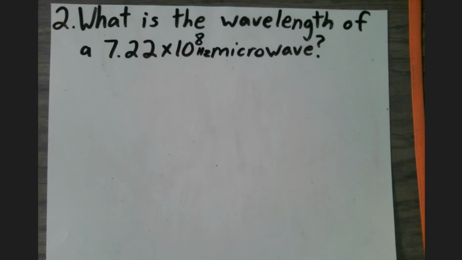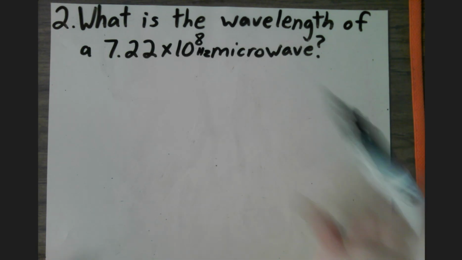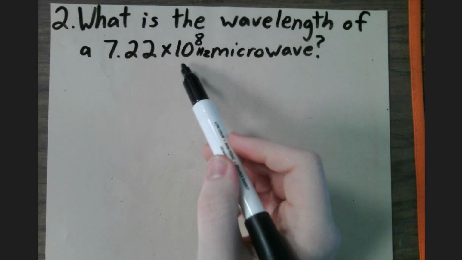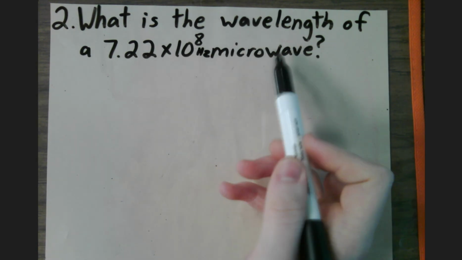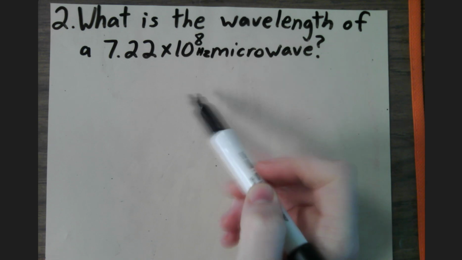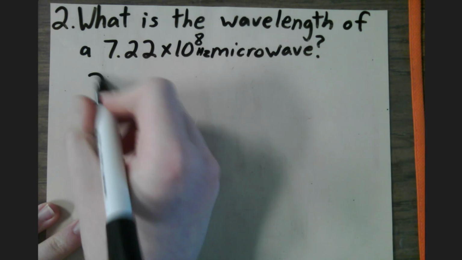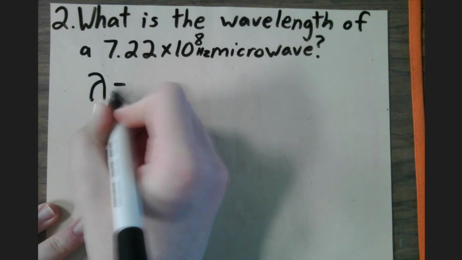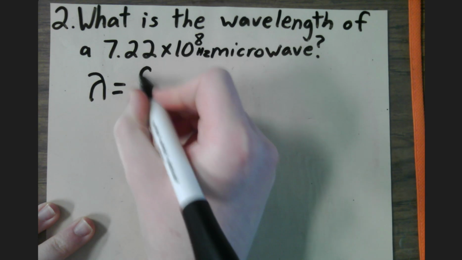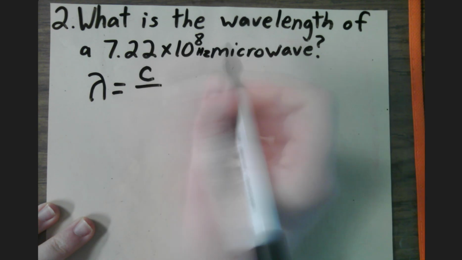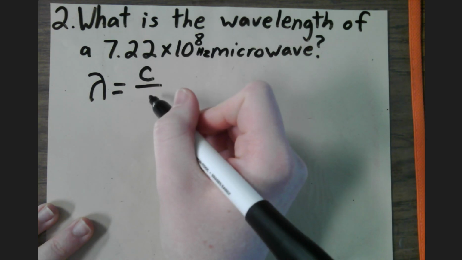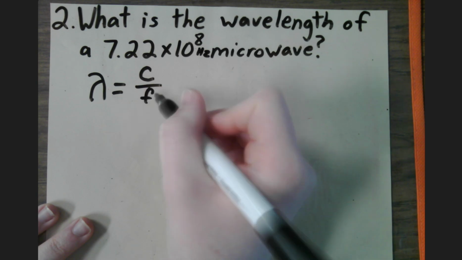All right. What is the wavelength of a 7.22 times 10 to the 8th hertz microwave? So we're going to start out with our formula. Lambda is equal to the speed of an electromagnetic wave over the frequency.